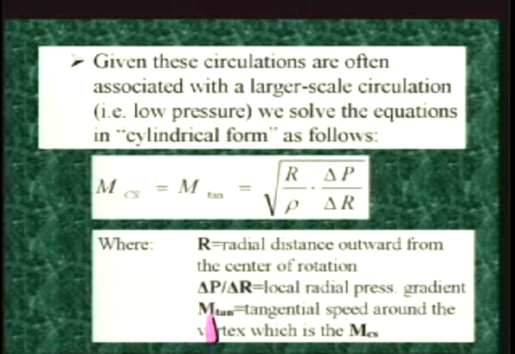And V sub tan, or V tangent, is our tangential wind speed around the vortex, which is the cyclostrophic wind. So take into account all of that. As I said, it is driven by the pressure gradient and also the radius of the system. Now, of course, we also have to take into account density. That's something new, and that becomes important when we talk about hurricanes and so on.